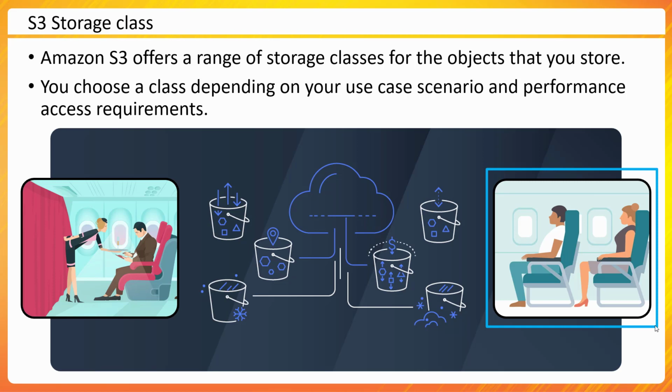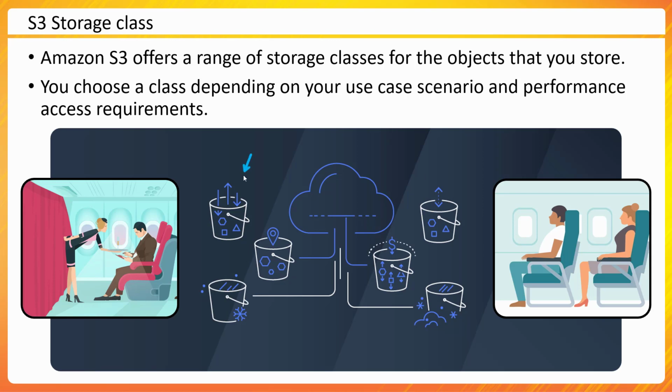Here the use case could be comfort. In other cases in S3, the use case can be different, so we'll talk about it. Storage classes will give you some functionality, and then I'll give you a very basic example to relate the different classes of Amazon S3.